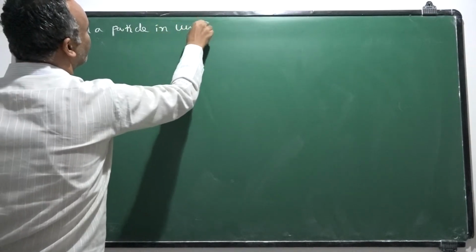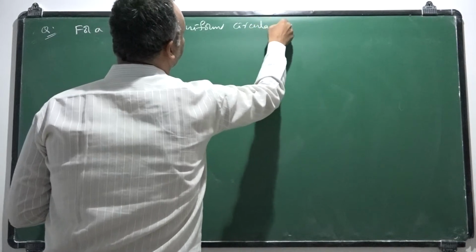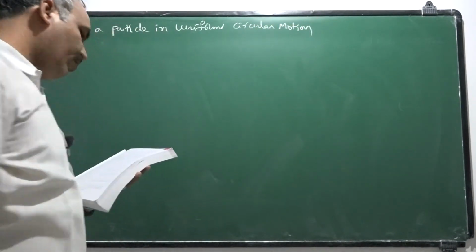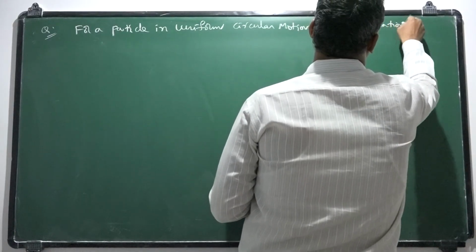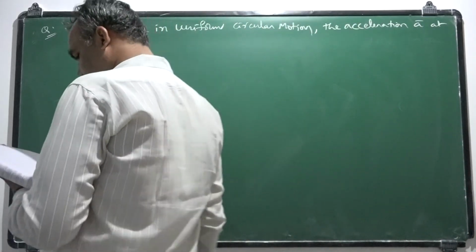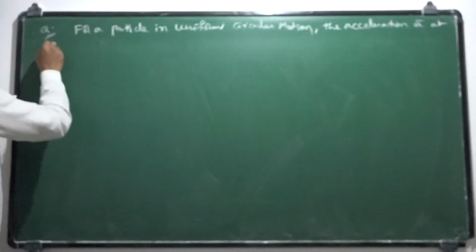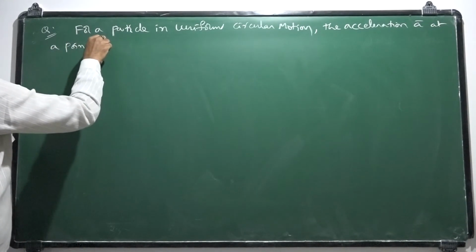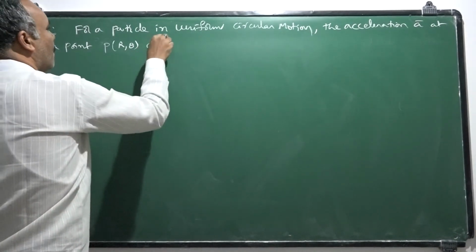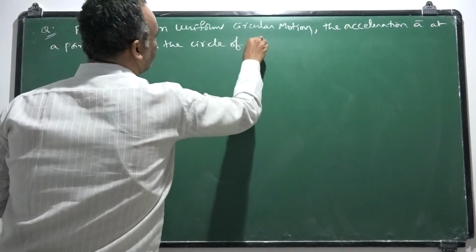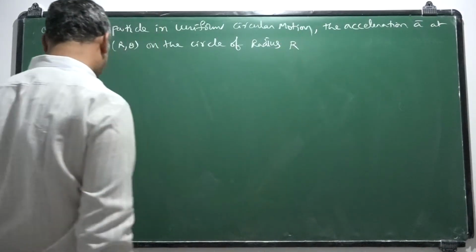The question says, for a particle in uniform circular motion, the acceleration a bar at a point P (r, theta) on the circle of radius r is.